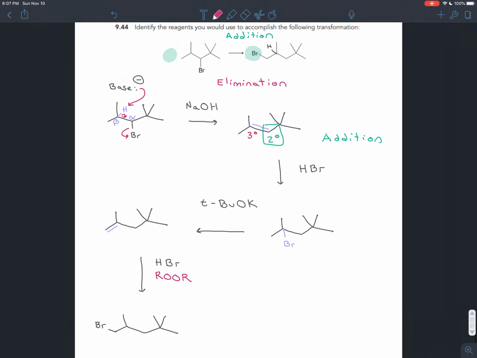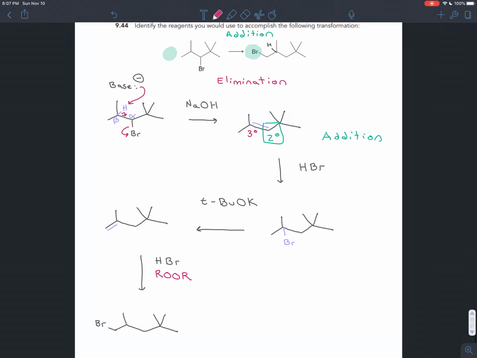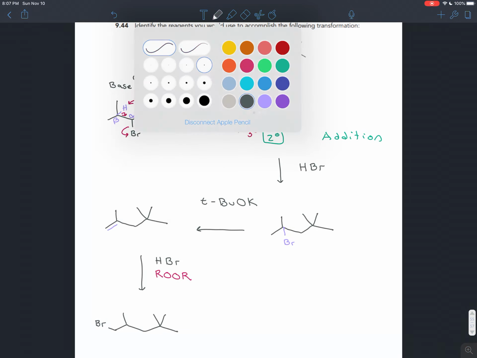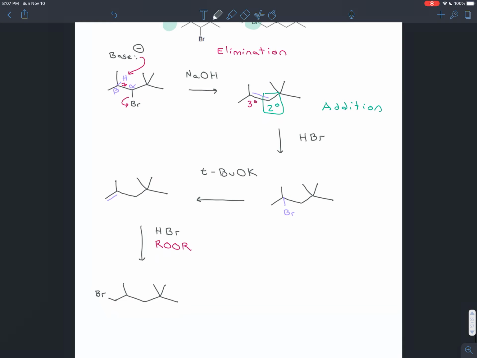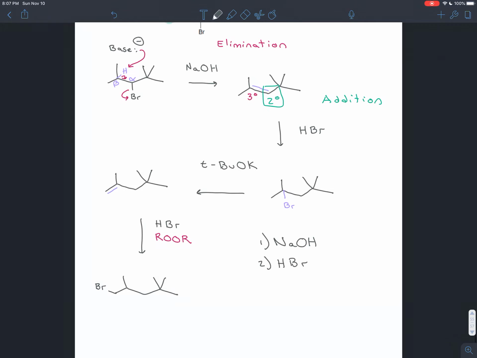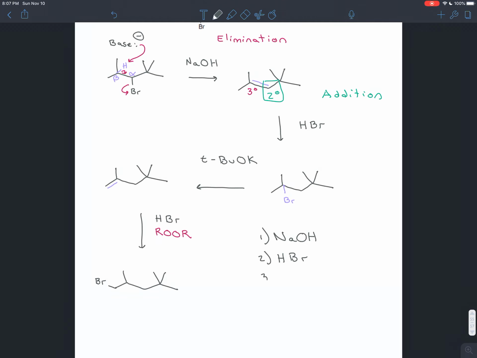So overall, what you need to make this process happen, the overall answer for this, the recipe, is first you need a skinny base like sodium hydroxide. Second, you would use HBr, that gives you Markovnikov addition of H and Br. Then you want to get the Hofmann product as the major product in an elimination reaction, so you use potassium tert butoxide.